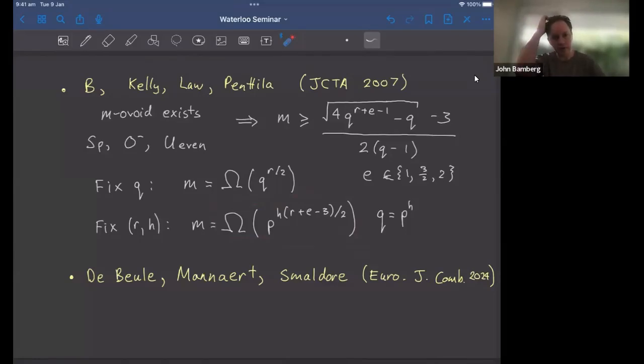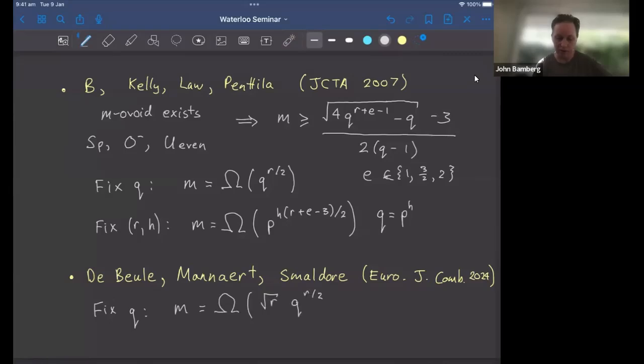What is a good lower bound is different when you're thinking of it asymptotically. And so in particular, there's a recent result that just came out this year by De Beule, Jonathan Mannaert, Valentino Smaldore, that they have another bound, which is a much longer sort of polynomial in Q. And if you fix Q, you end up seeing that there's a better bound for M, square root of R times Q to the R over 2.